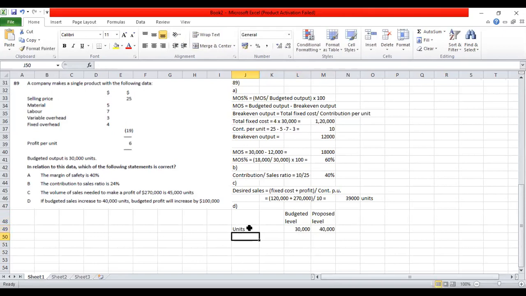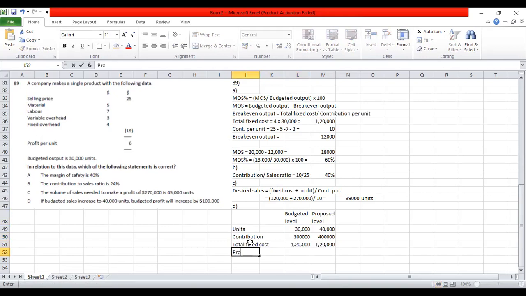Let's start with contribution. Contribution per unit is 10. So contribution is 30,000 units into 10, and similarly 40,000 units into 10 is the total contribution. Total fixed cost we already got as 120,000, so whether it is 30,000 units or 40,000 units, it remains the same.